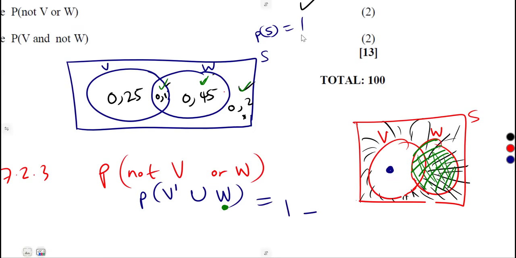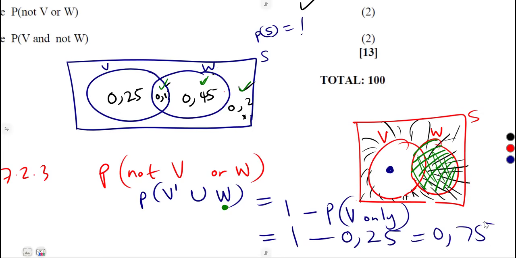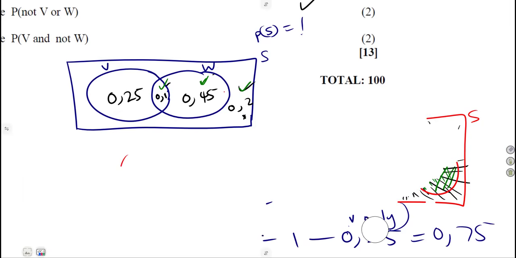Since the probability of the sample space is 1, it's 1 minus the probability of V only, which is 0.25. So 1 minus 0.25 is 0.75. That was another way of obtaining this answer. So many ways. All right, let's move on to another one. That is how you answer these questions.